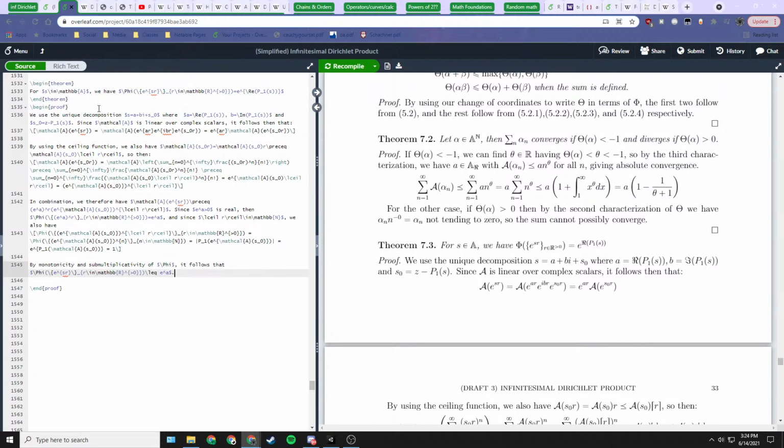Okay, so we're using this decomposition. Okay, so this is fine. Where e to the a, this is the real part of P1 of S. Okay.